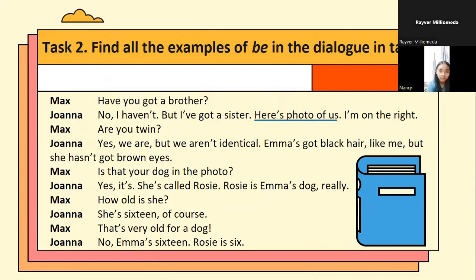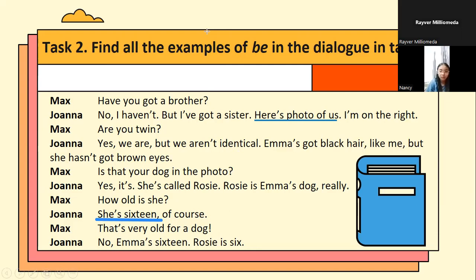I think she's called Rosie. What? She's 16. Okay. She's 16. Wait. There are many examples of be in this dialogue. What else?